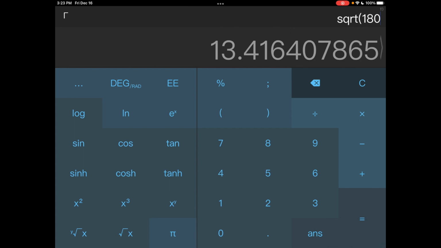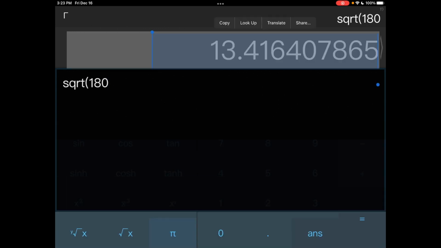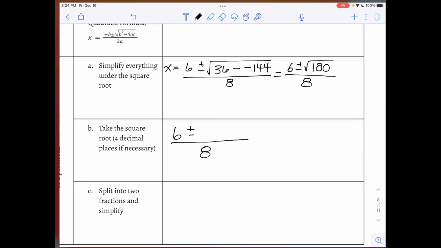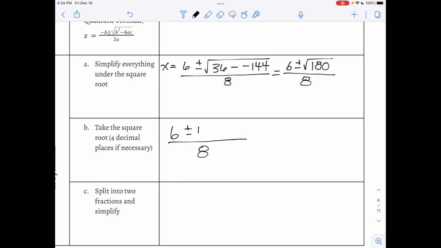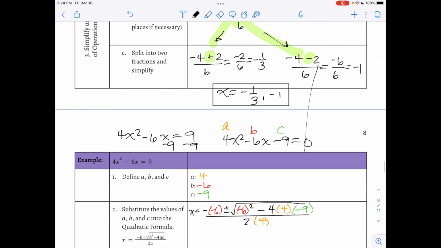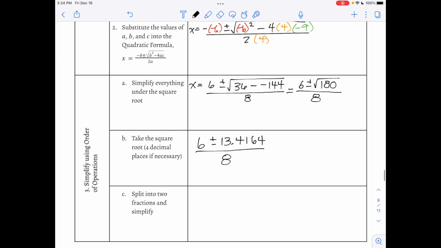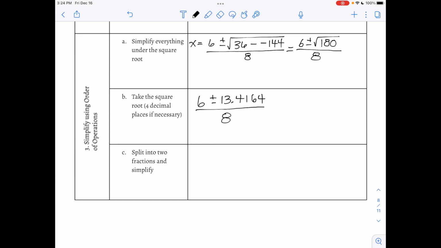We want the first 4 decimal places, so we're going to do 13.4164. So there. So the last one came out to a really nice square root. This one is not coming out to a nice square root.